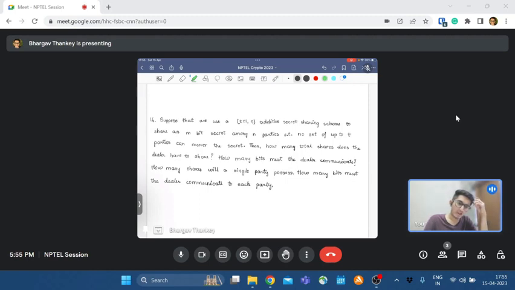That is, we want to do n comma t secret sharing for m-bit messages, but using t plus 1 comma t additive secret sharing schemes. Then how many total shares does the dealer have to share? How many bits must the dealer share? How many shares will a single party possess? And how many bits must the dealer share with each party?